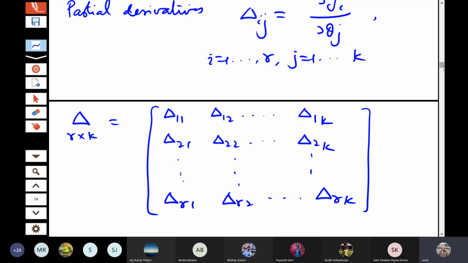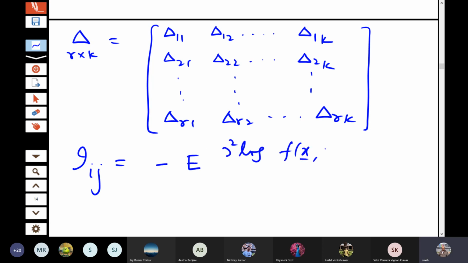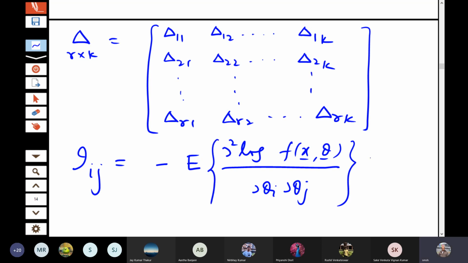And we had the information term in the case of one dimension. In the case of a k dimensional parameter, it will be an information matrix. So I will introduce it here. I will write Iij, it is minus expectation of del 2 log f(x, theta) divided by del theta i del theta j, for i equal to 1 to k, j equal to 1 to k.